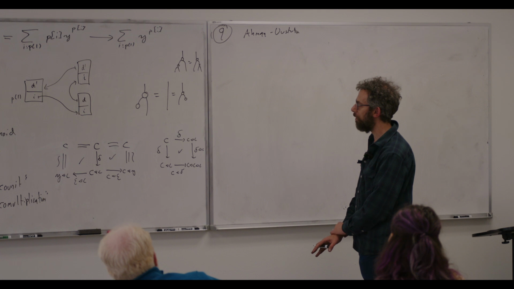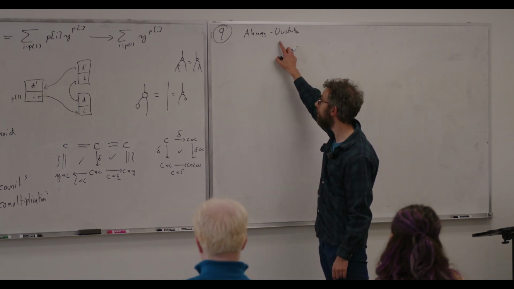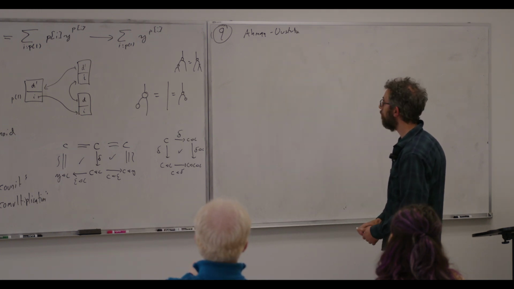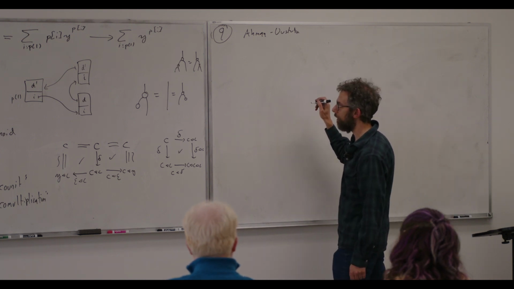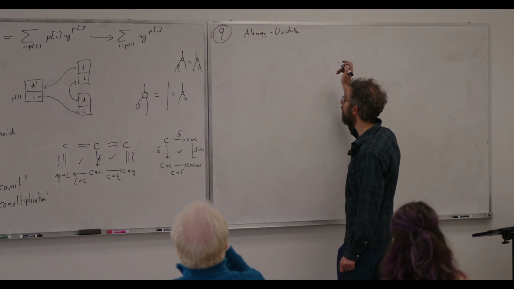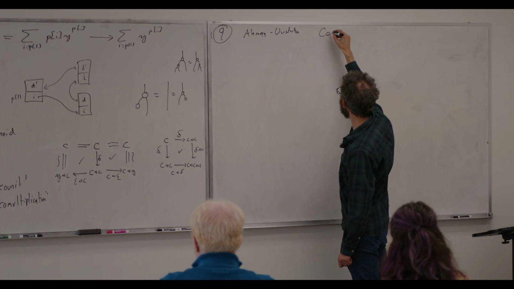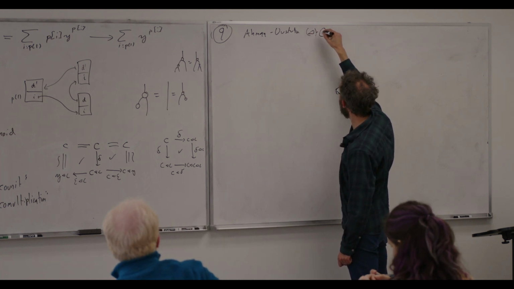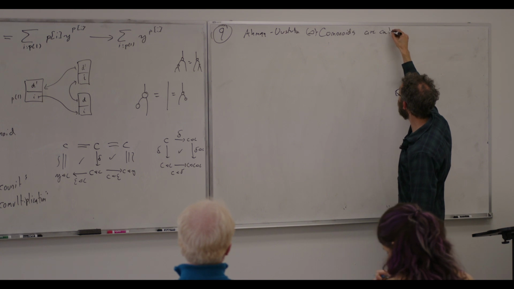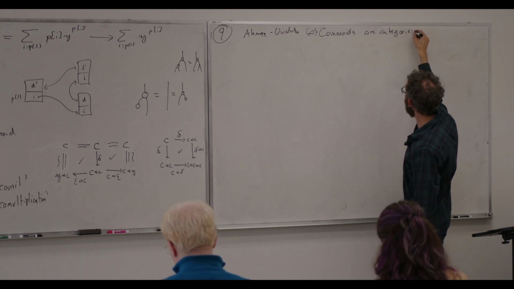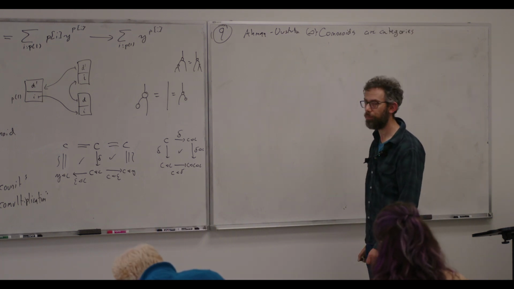And Richard Garner said that these guys, Daniel Ahman and Tarmo Uustalu, had proven that comonoids in Poly are exactly categories. So I happen to know that. Comonoids are categories. Small categories.